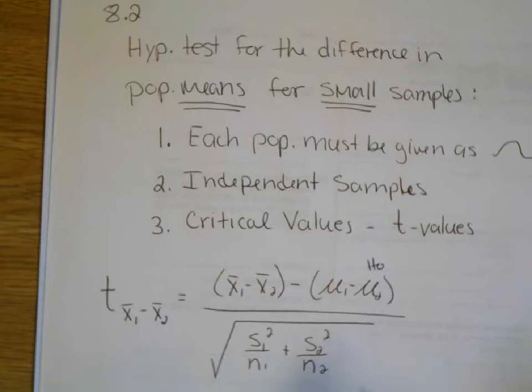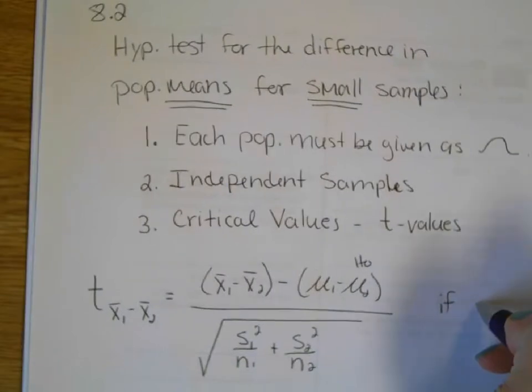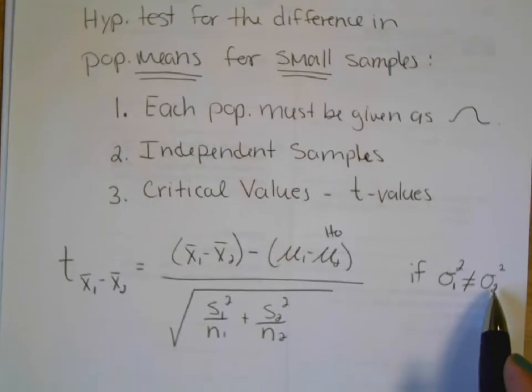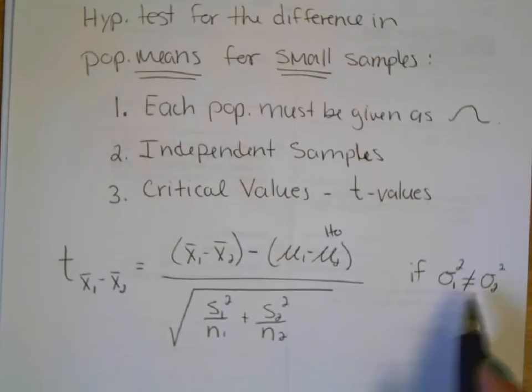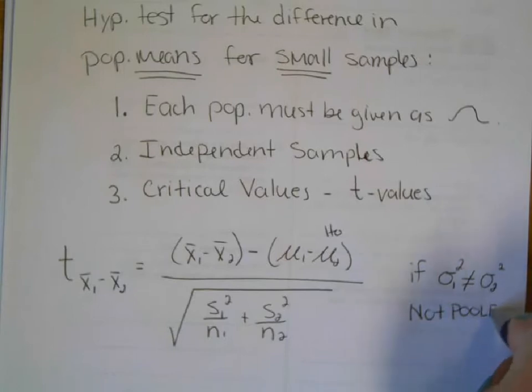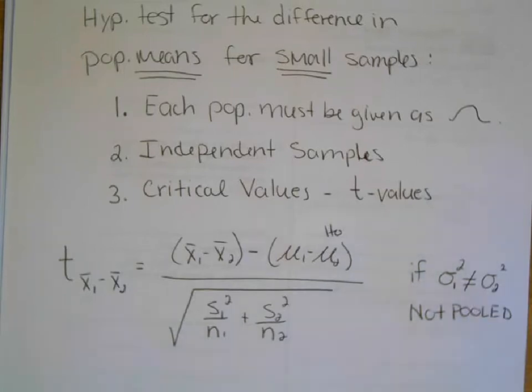Okay. So you use this formula if you are given that the population variances are not equal. So you will know this information about population variances. They have to tell you this. When they're not equal, that's considered not pooled.